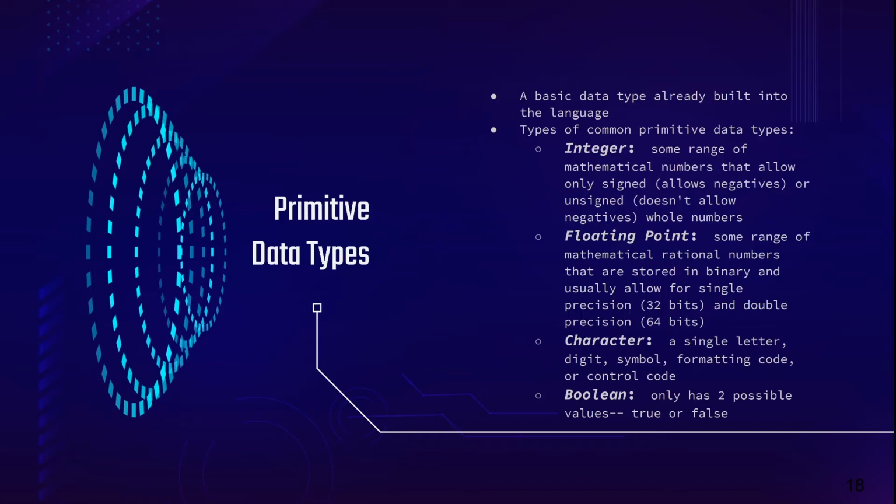Anyway, floating points. Some numbers in math are rational, and some are irrational. Floating points allow us to use numbers with decimal points or fractions. It is stored in binary and has single precision usually, which is just a regular float.